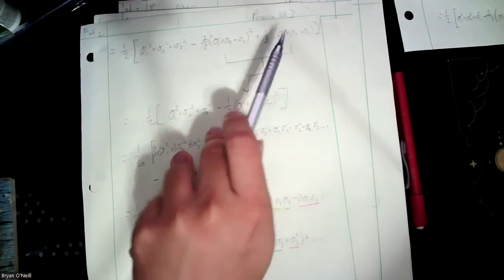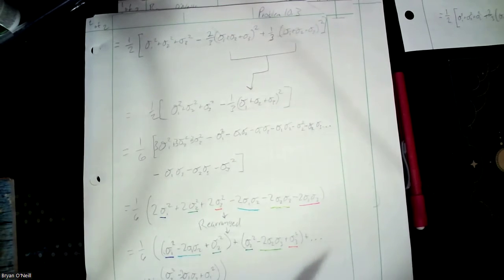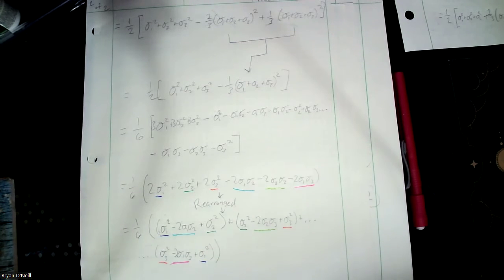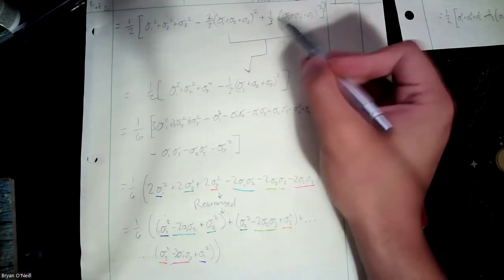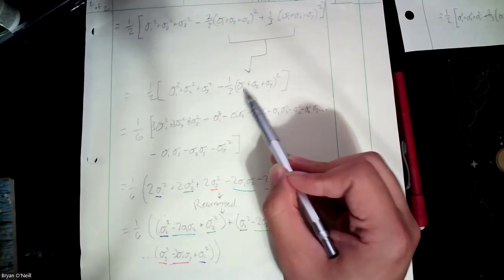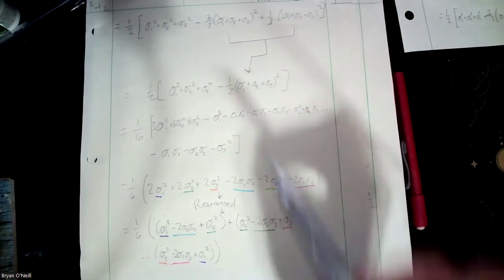This used to be expression C, but I've substituted it back in at some point in one of the previous steps. Sorry if I'm going a little fast. But anyway, eventually we can get rid of this side altogether, and what's remaining is 1/3 (sigma 1 plus sigma 2 plus sigma 3) squared.